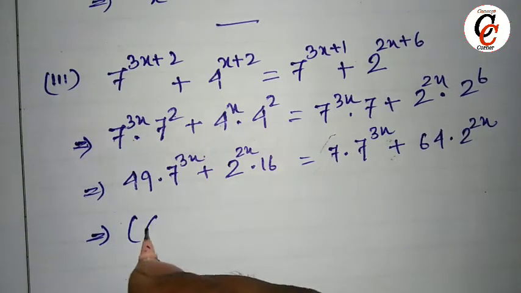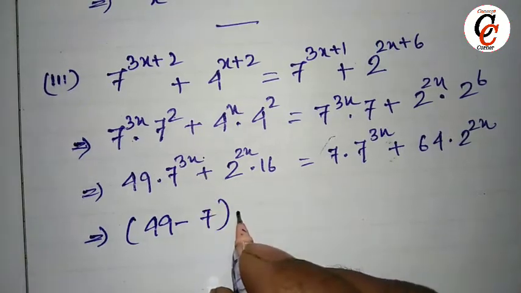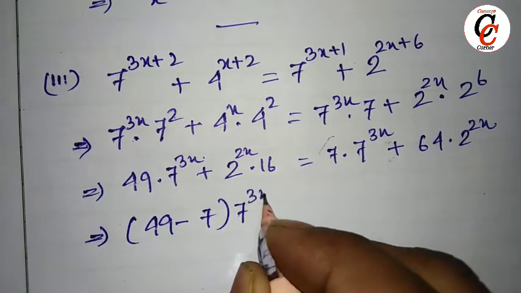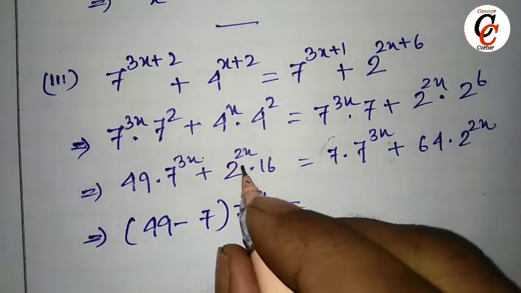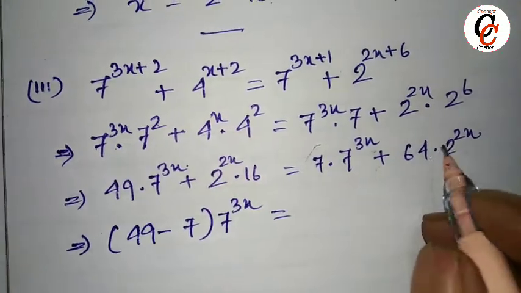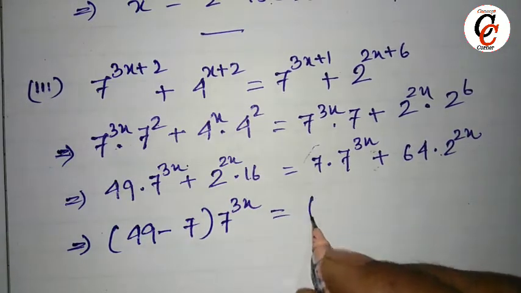So we'll take the similar terms and write them together. So 49 into 7 to the power 3x, and here 7 into 7 to the power 3x. If we take this term to the left side, 7 to the power 3x is common, and 49 minus 7.